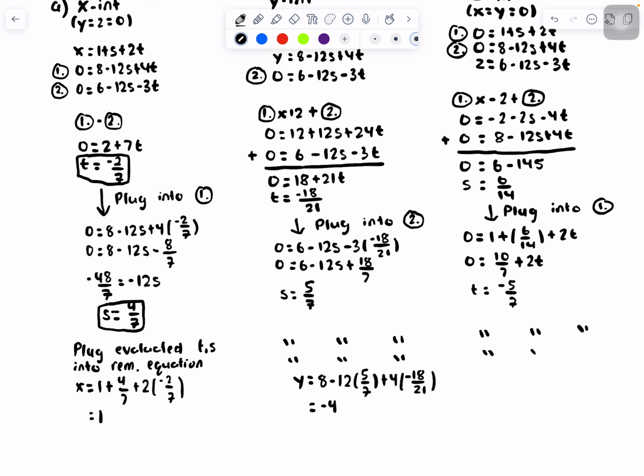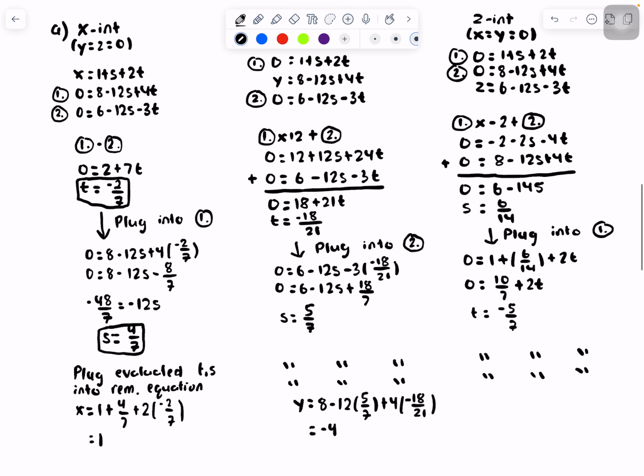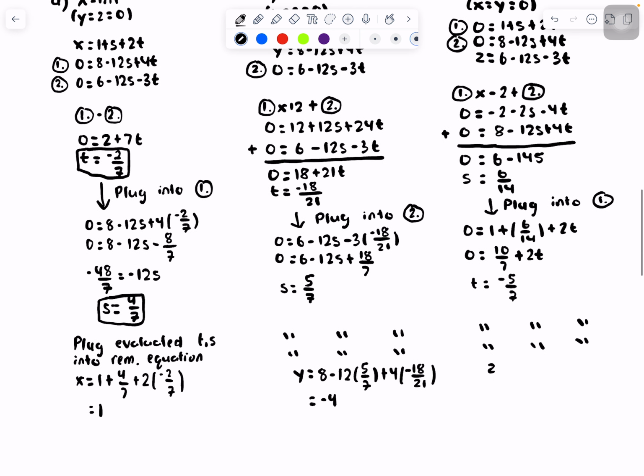Plug it into the z equation. So z equals 6 minus 12 times, s was 6 over 14, minus 3 times a negative 5 over 7.